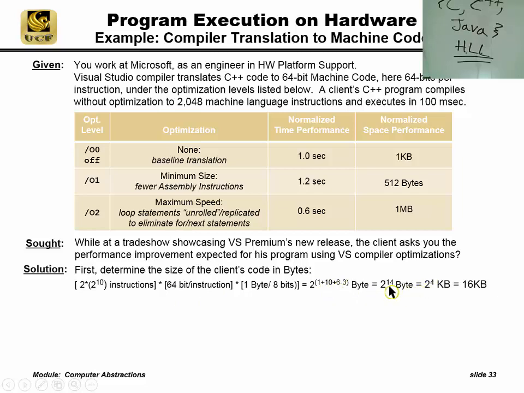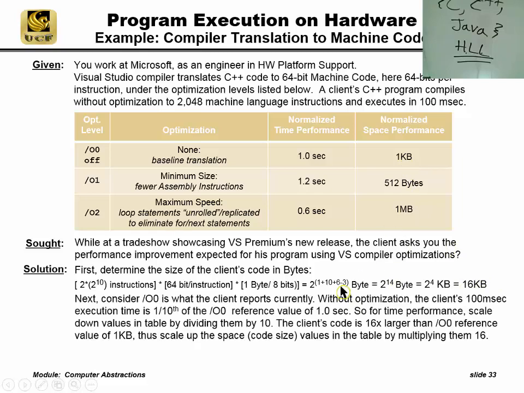And what is that? 2 to the 14 is 2 to the 4 times 2 to the 10. 2 to the 4 is 16, times 2 to the 10 is kilo. 16 kilobytes. So the client's code is 16 times larger than the reference code.